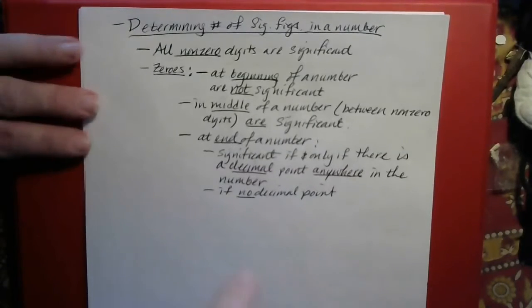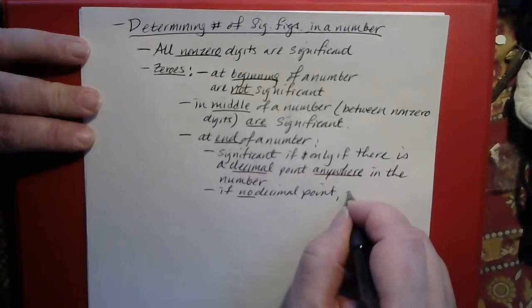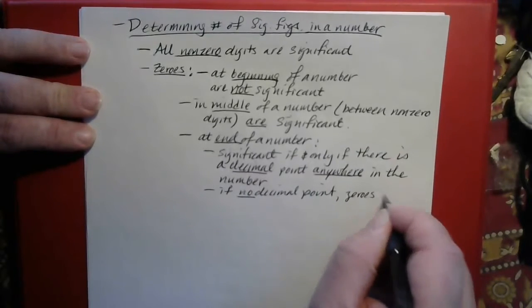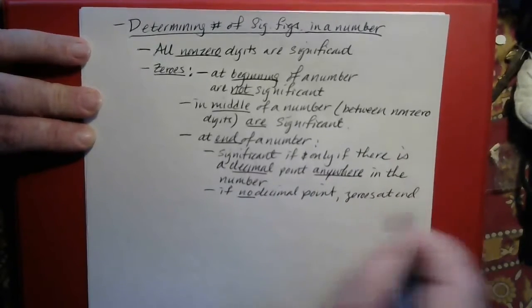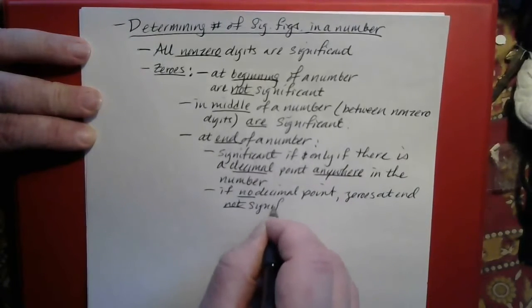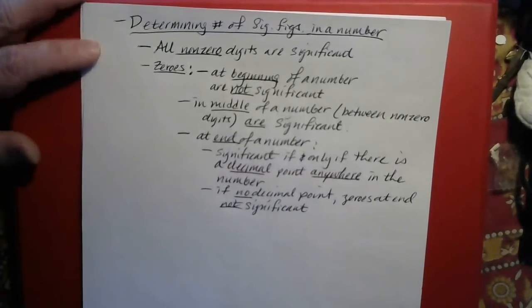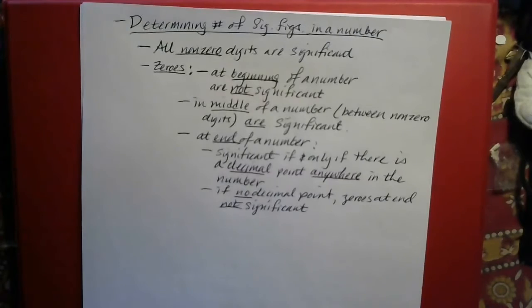And so if there's no decimal point, then the zeros at the end are not significant. So those essentially are the rules.